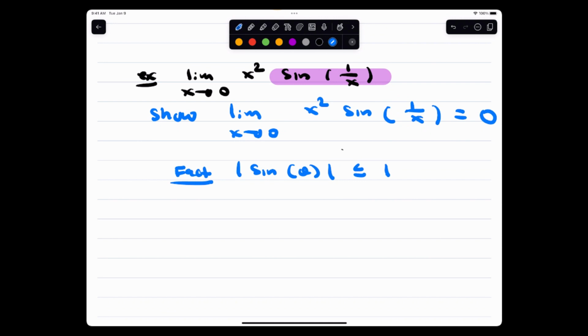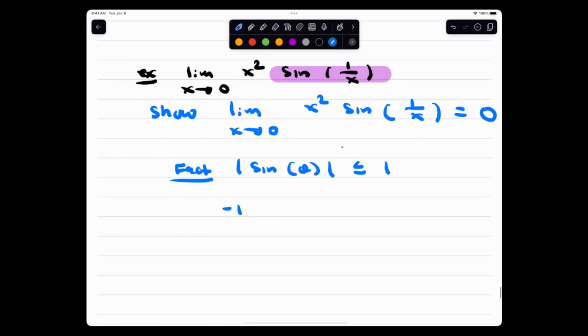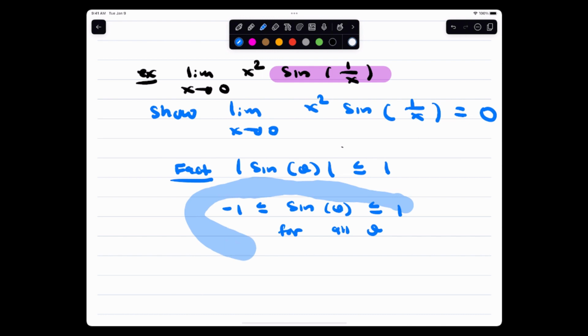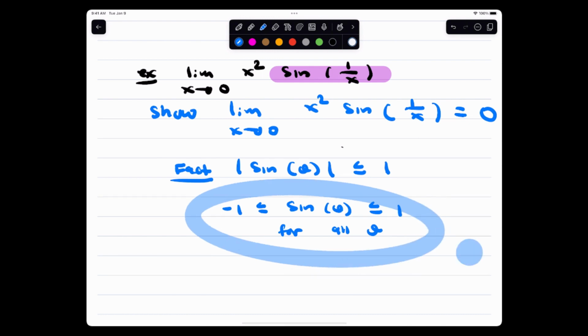What that means is that -1 is less than or equal to sine theta, which is less than or equal to +1, and this is for all theta. Are you guys with me on this? All right, easy peasy lemon squeezy, so far so good.